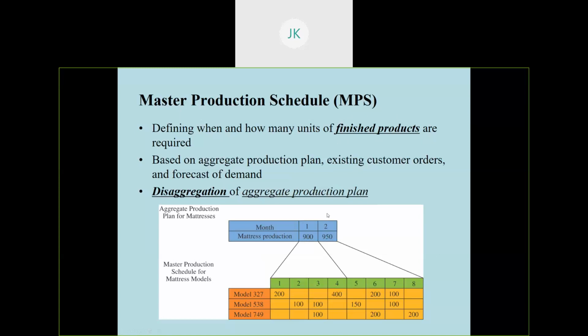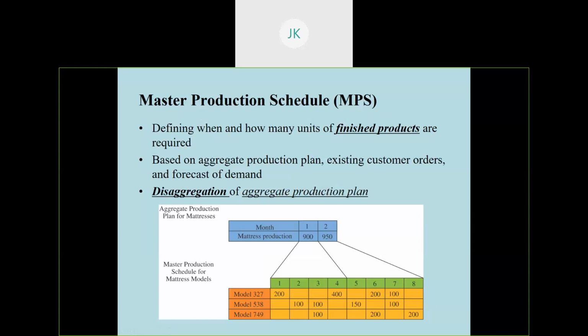First, we need the information about how many finished products we should produce. Then, based on that independent demand, we know the dependent demand, the part demand.